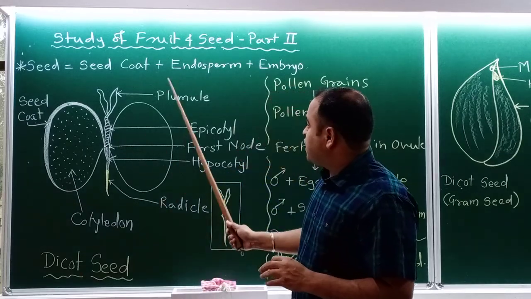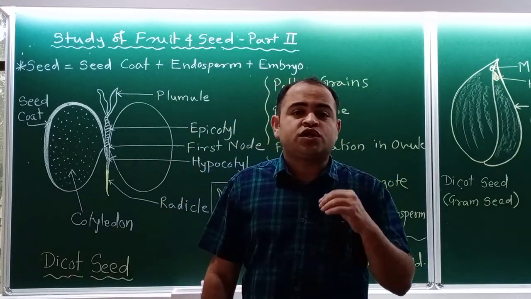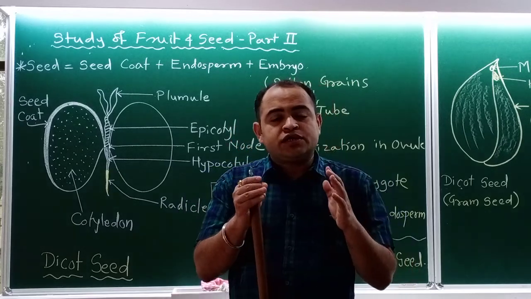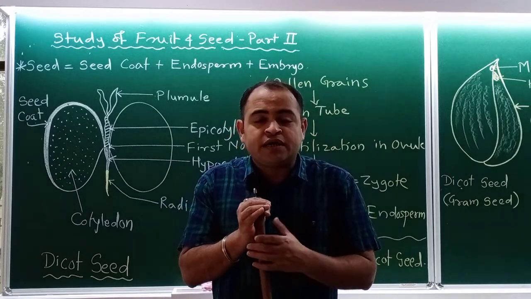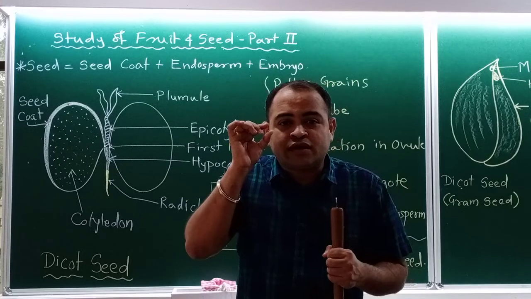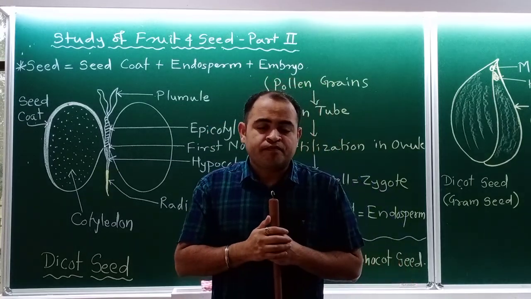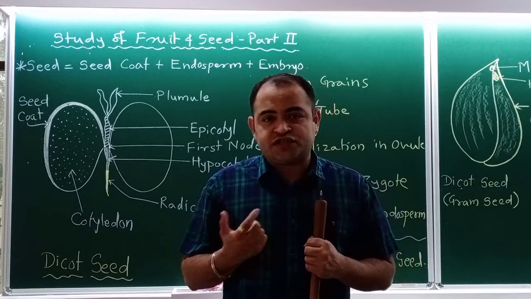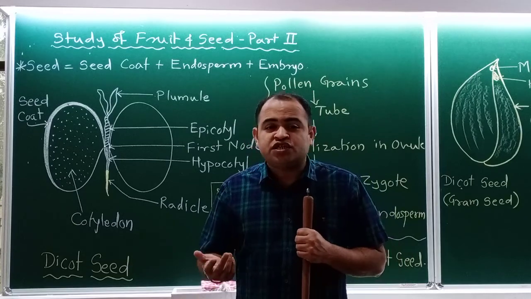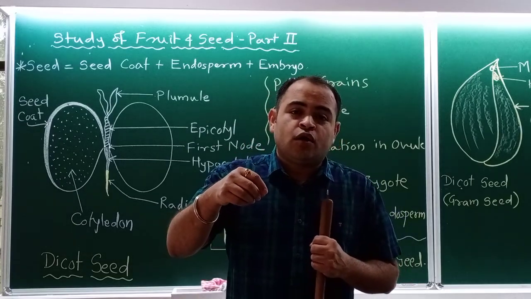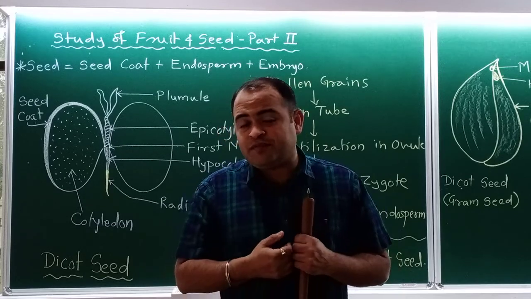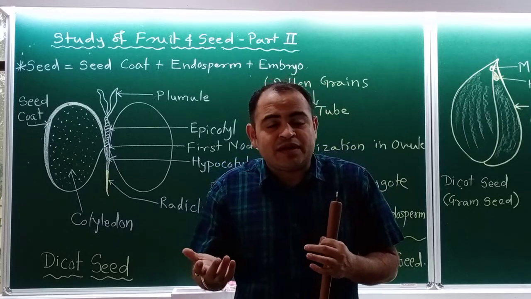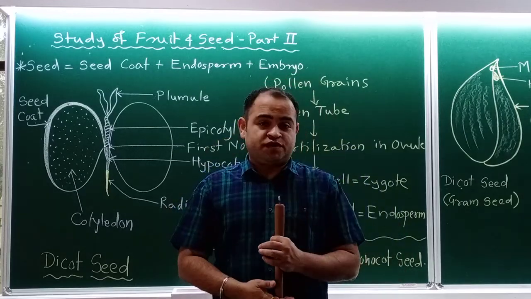When we talk about a typical seed, be it monocot or dicot, all the genetic information about a plant is stored in that small seed. The seed gives rise to a new plant after germination. How does germination occur? Germination occurs when suitable and favorable conditions are available: enough moisture, enough water and enough warmth. If these are available, then germination is possible.